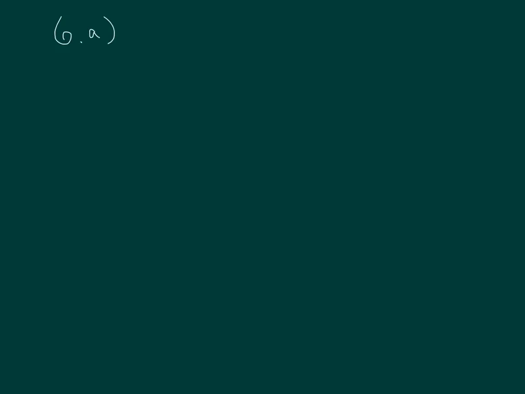I think you were asking for help also with number 6A, where it asks you to find the coordinates of point C, where x equals 1 and so on, okay?